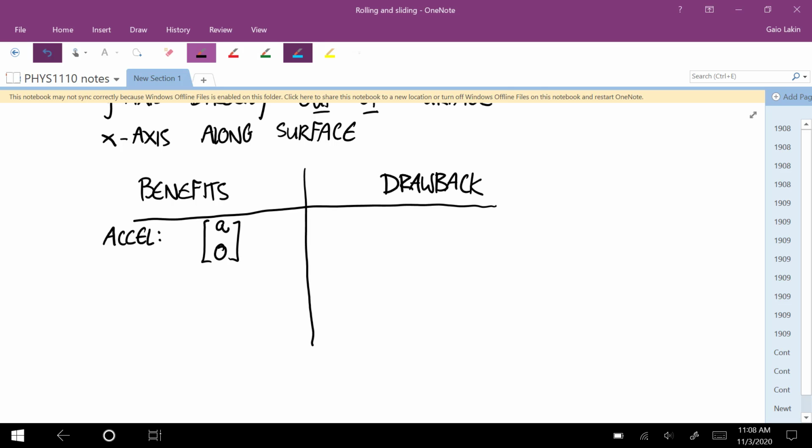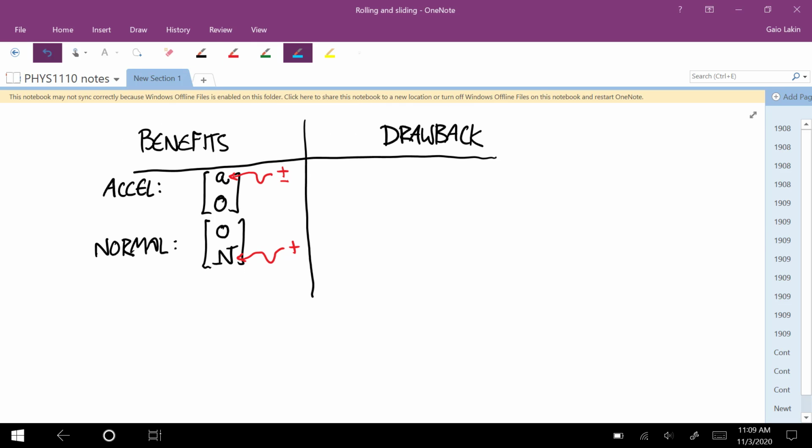There's also always a pushing force, a normal force, from the surface that's always going to be 0, n. And in this case, that n always has to be positive. This can be plus or minus. This one has to be positive.